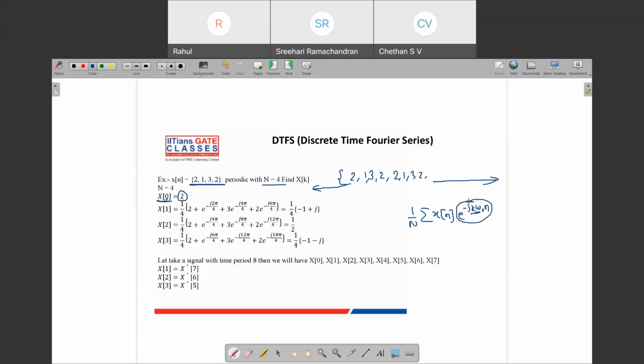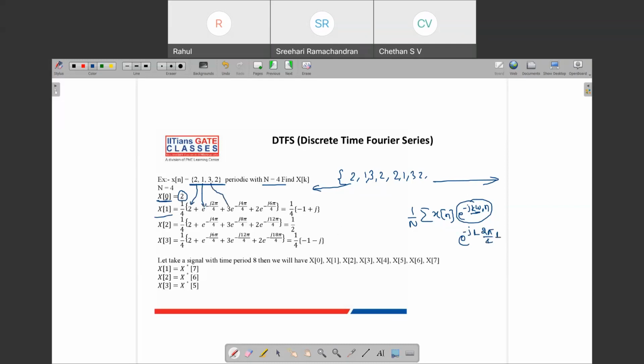Now for X of 1, it will be given as 1 by 4. The first term will be simply 2 coming here. The second term, 1, will come here, and then there will be an exponential to the power minus j, where k is 1, omega naught will be 2 pi by 4, and n is 1. So that's why it is e to the power minus j 2 pi by 4.